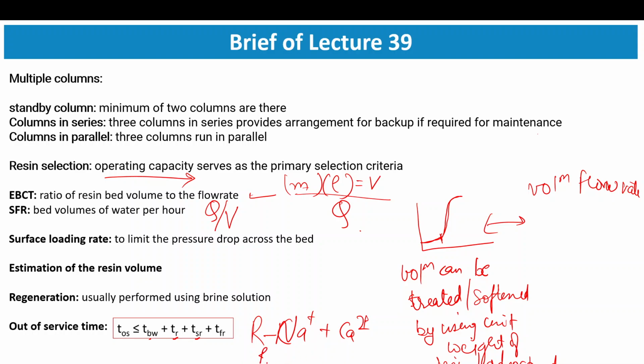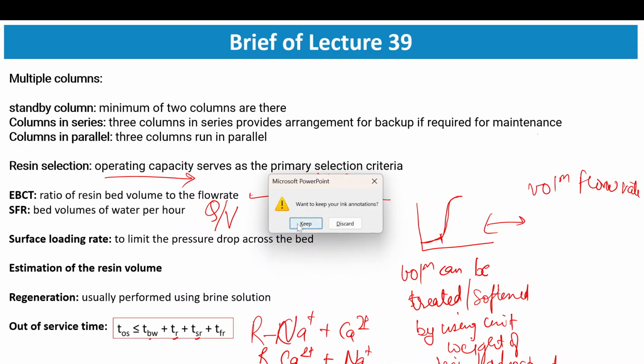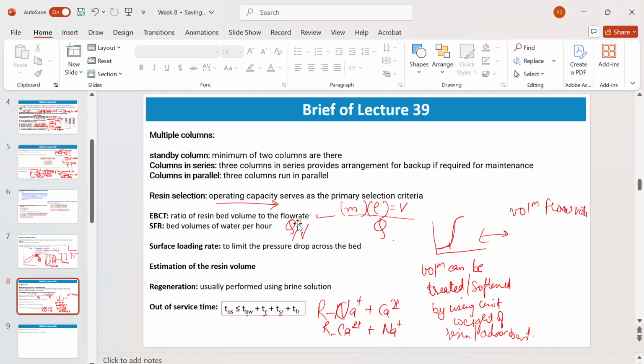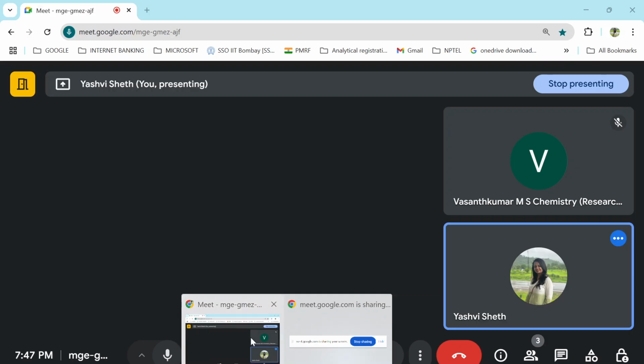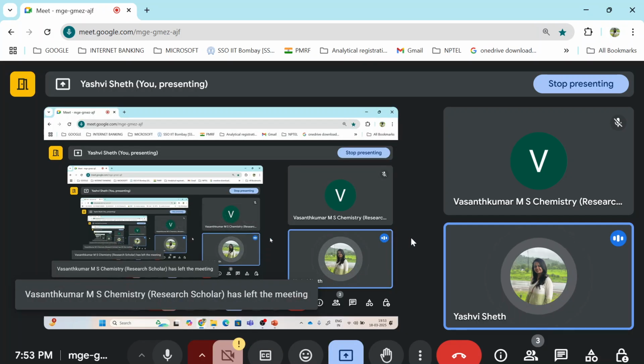Now for regeneration you want to remove Ca2 plus, so you need an Na plus solution with a very high concentration. Such a solution is nothing but brine solution. You use around 5 to 10% brine solution for regenerating your ion exchange resin. Is it clear so far?